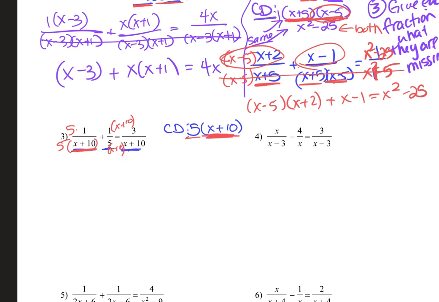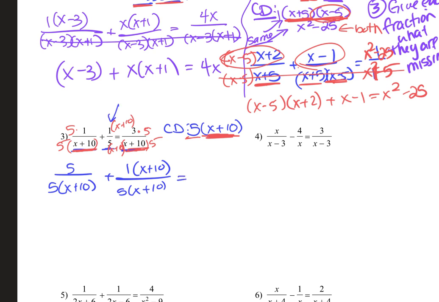This is messy, I apologize. And this one has an x plus 10, so it needs the 5. So I'll just rewrite this so you can see it a little clearer. So it's 5 on the top and 5 times x plus 10 on the bottom, plus 1 times x plus 10 on the top, 5 times x plus 10, that's this one right here.